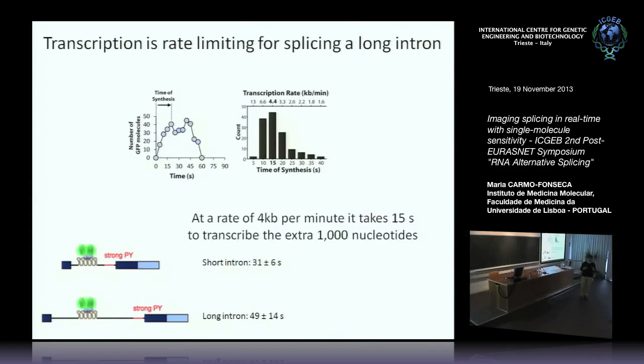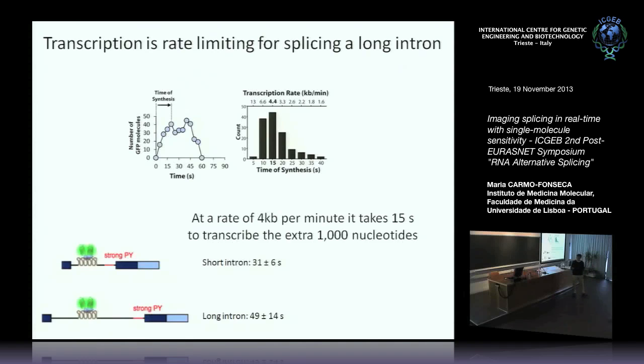So, although the transcription rate may vary, if we assume 4 kb, which is a relatively consensual rate, then assuming a rate of 4 kb for transcriptional elongation, it would take 15 seconds to transcribe this extra 1,000 nucleotides. And if we look at the difference in the average time of the intron lifetime, it's almost in the range of 15 seconds.